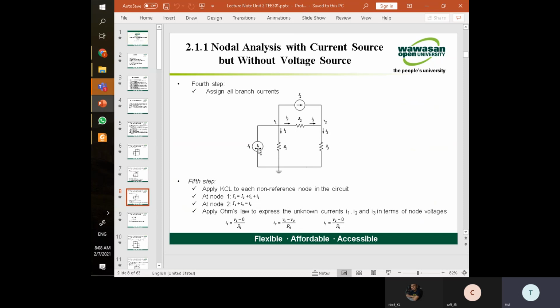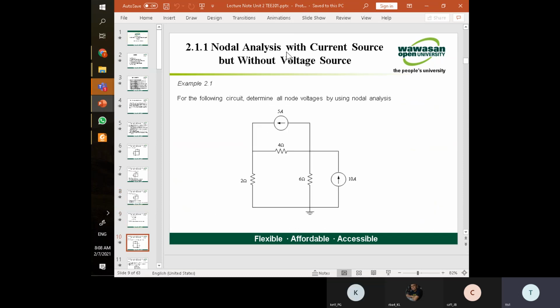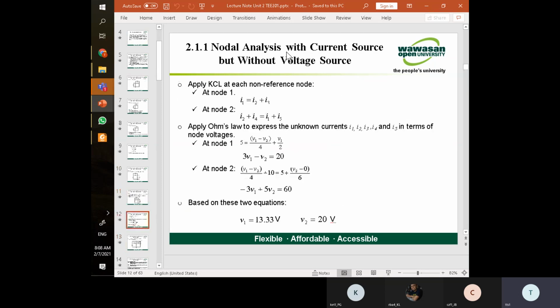I1 in, this big I1 in, small I1 out, small I2 out, and the big I2 out. So we can write this kind of equation by using the KCL based on the node. This one is called the nodal analysis.